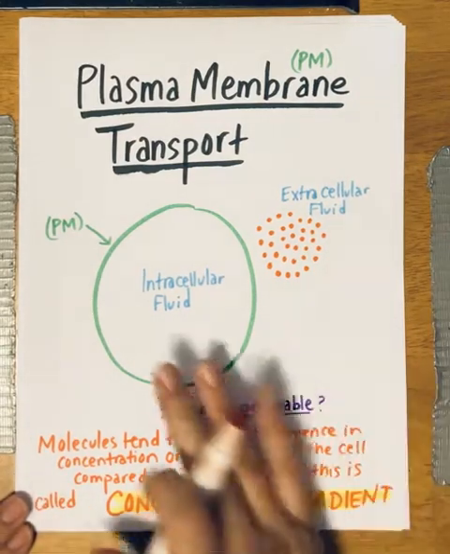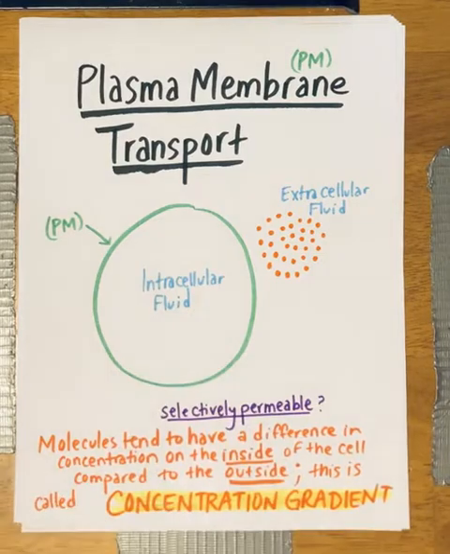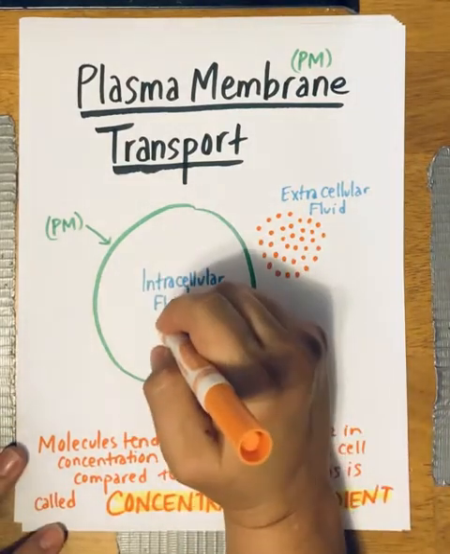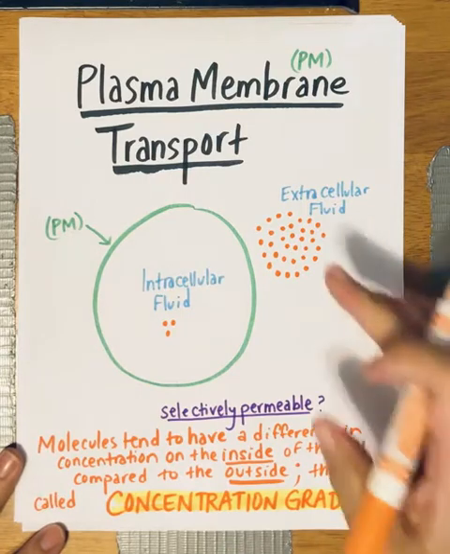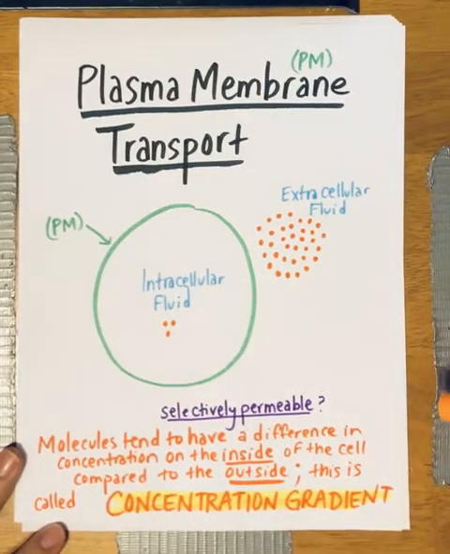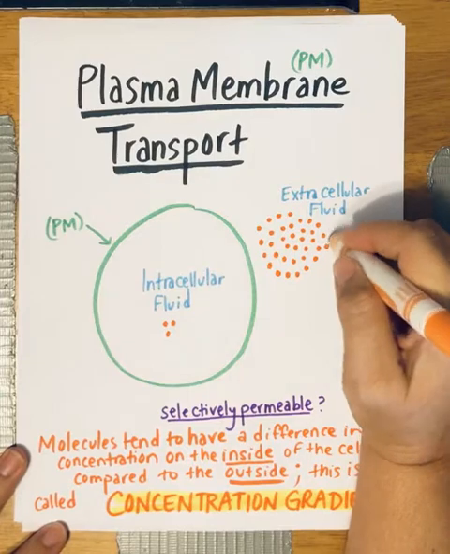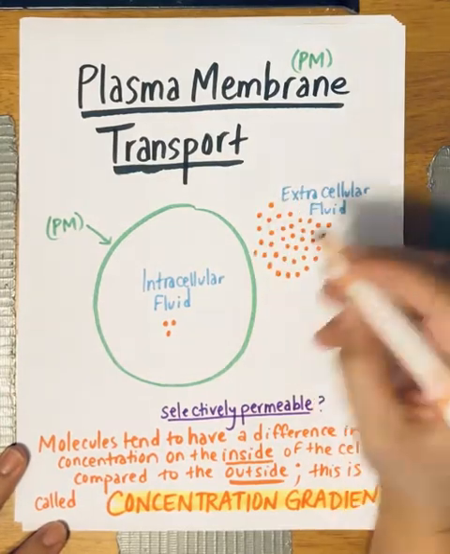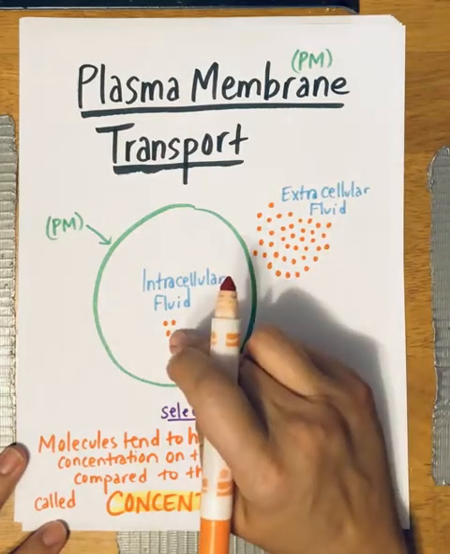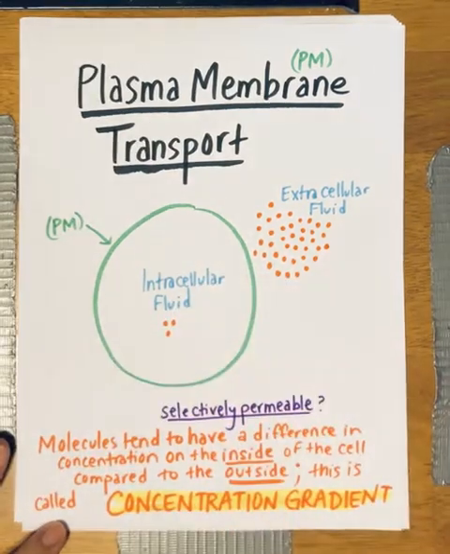The intracellular fluid has its own amount of molecules. So, when we look at this, we would say that there is a big difference. There is a very high concentration on the outside. There is a very small concentration on the inside.